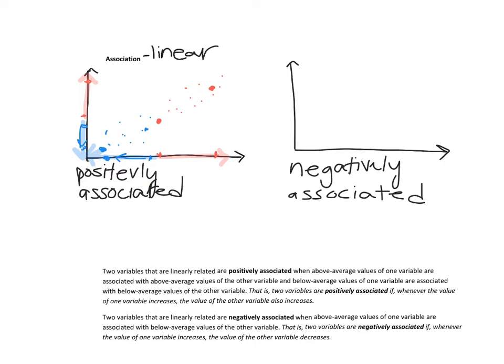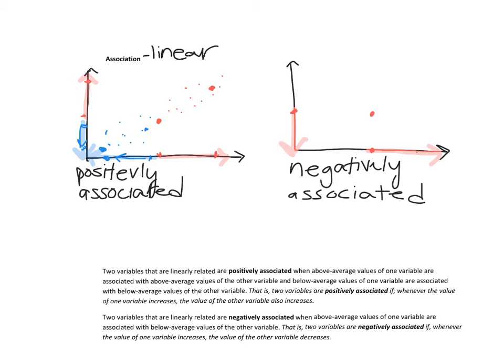Negatively associated does the opposite. As our explanatory variable increases, the response variable decreases. And we'll actually write it down here. The response variable decreases. All right, so again, there's an explanatory value, there's a response.